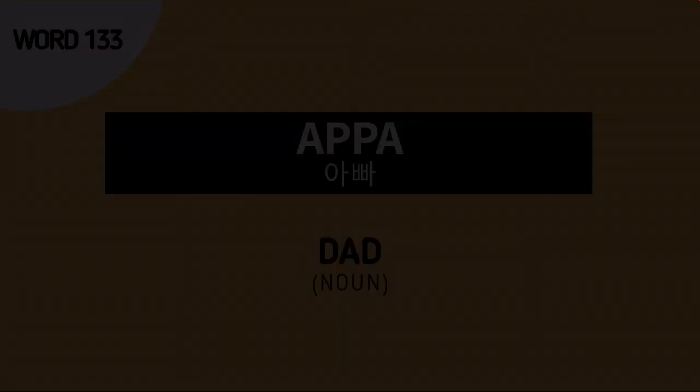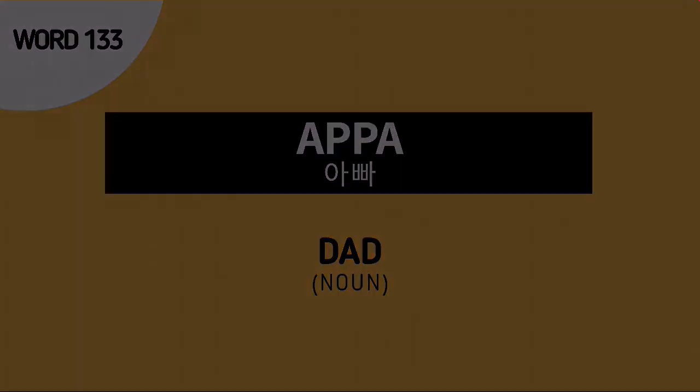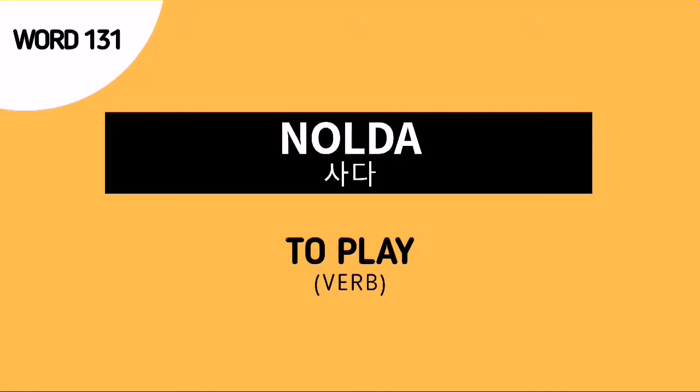Word number 133 is appa, and this is the Korean noun for dad. Word number 132 is 엄마, and this is the Korean noun for mom. And the last for our review is noda. This is a root verb which means to play.